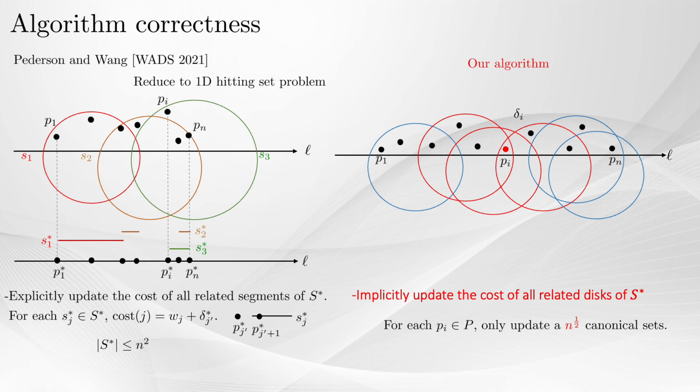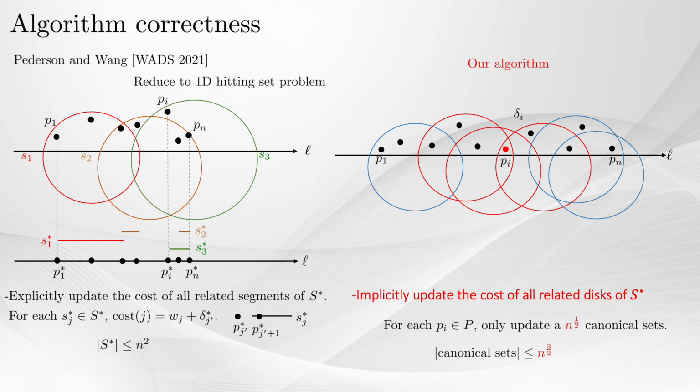Now for each Pi, we don't deal with the O(n) disks. We just update a small number of canonical sets, here we just mention it's root over square n canonical sets, and totally the number of canonical sets that need to be updated is less than quadratic time. That's the difference between the two algorithms.